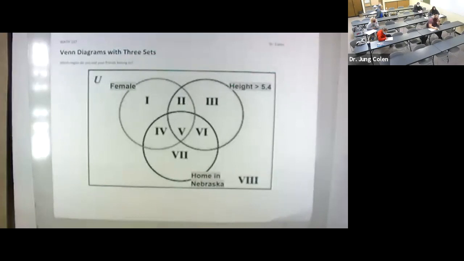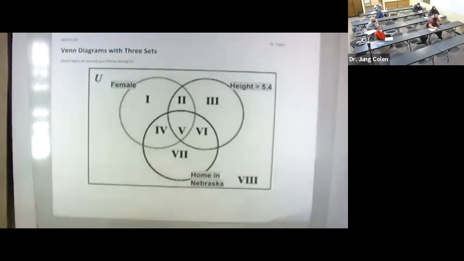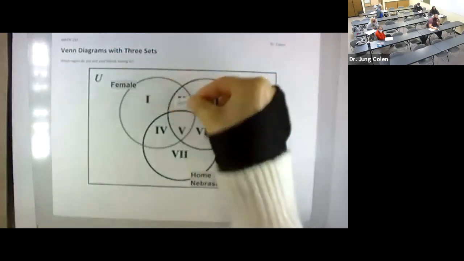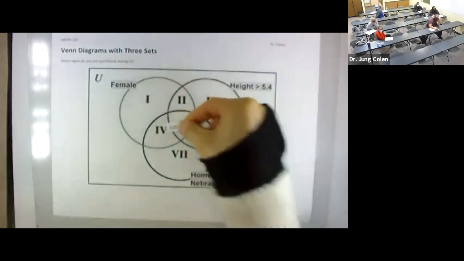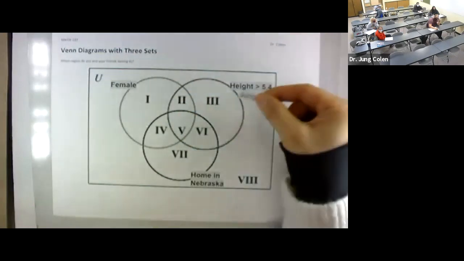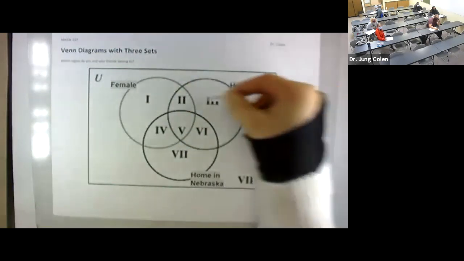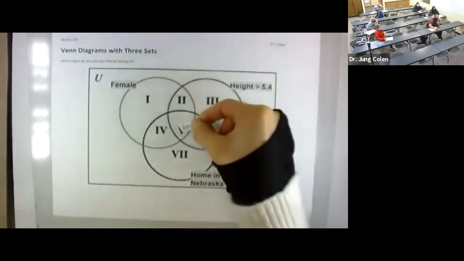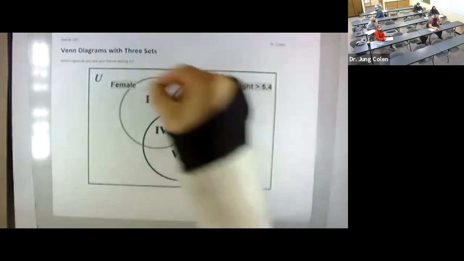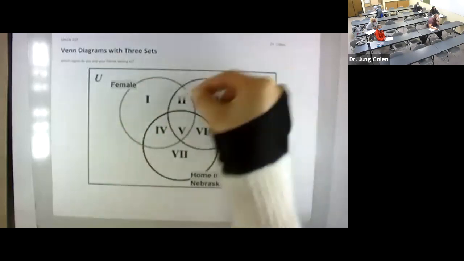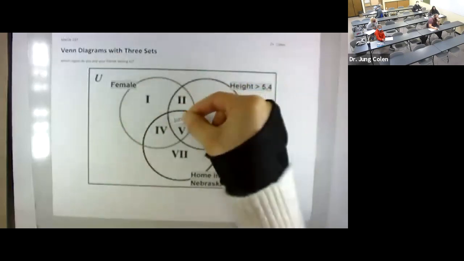Hi guys, my name is John. I am a female, so I will go either 1, 2, 4, or 5. My height is 5'5", so it's greater than 5'4". So I will go 2 or 5, right? Because I'm female and I'm greater than 5'4".